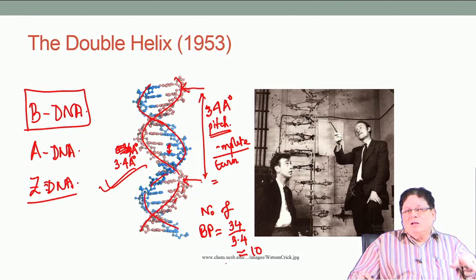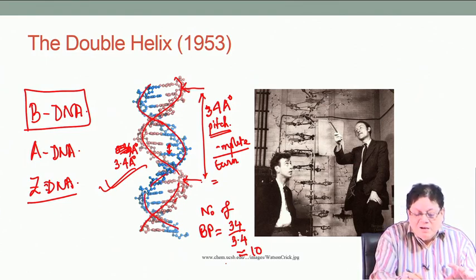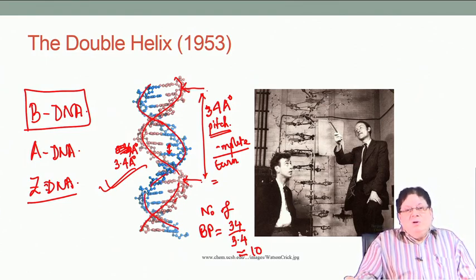That consists of a very unusual form of DNA which is a left-handed double helix. A-DNA is the one which is more compact, and this compactness comes from, remember this, the DNA is an acid, it is a nucleic acid.